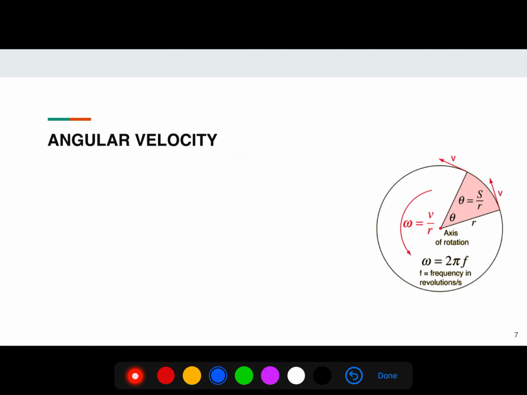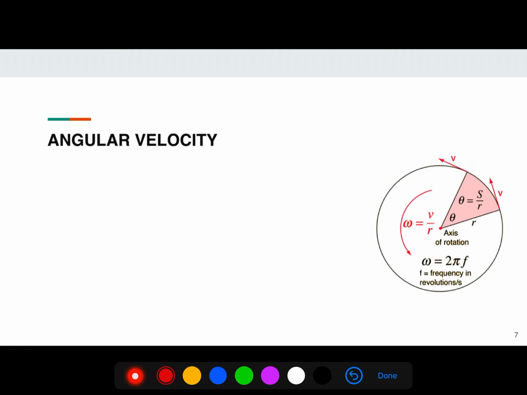Now what is angular velocity? Angular velocity is the rate of change of angular displacement. As we know that linear velocity is the rate of change of linear displacement, in the same way we can define angular velocity, that it is the rate of change of angular displacement.